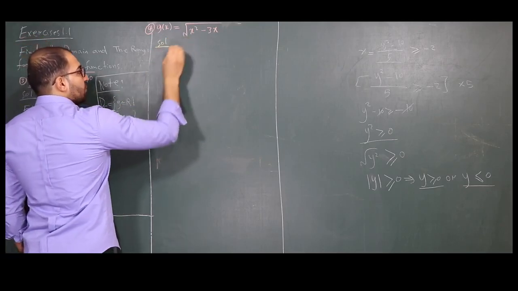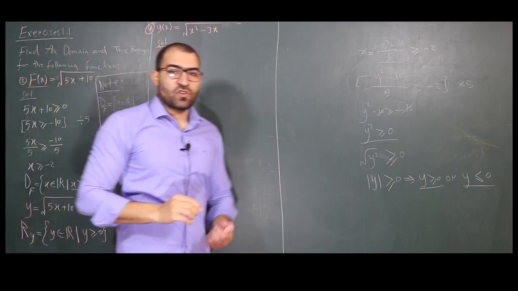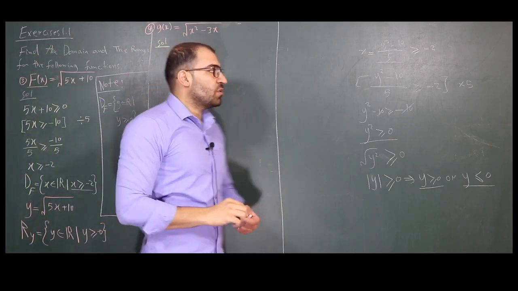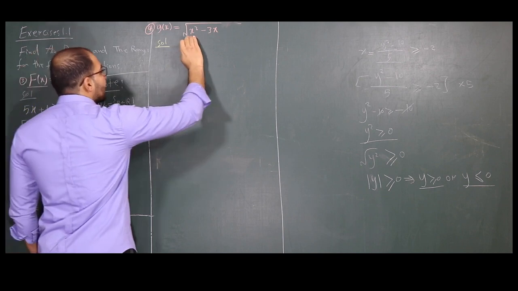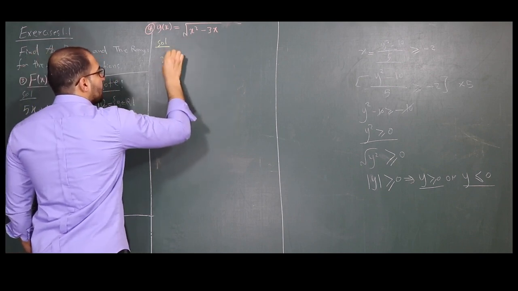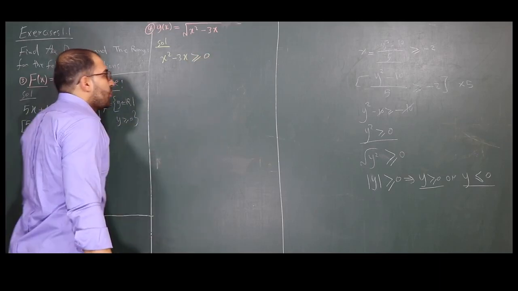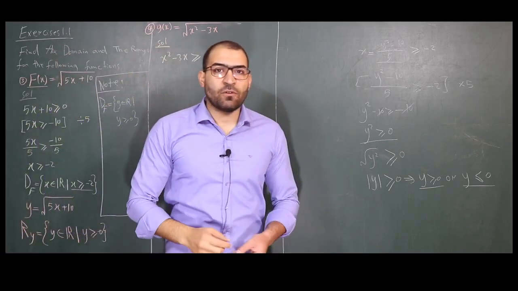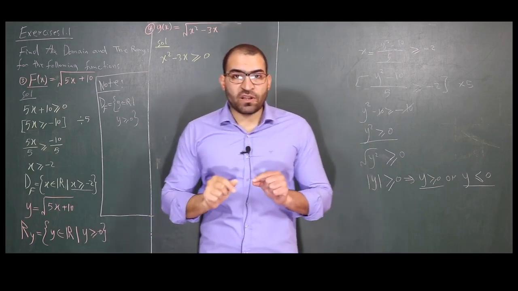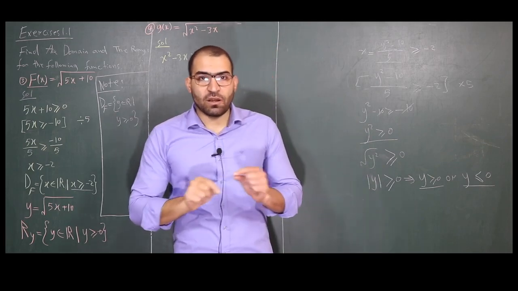As we know, the domain of the square root function is all the numbers that make the expression inside the square root greater than or equal to 0. So here I need to find the value of x, or the interval that x belongs to.